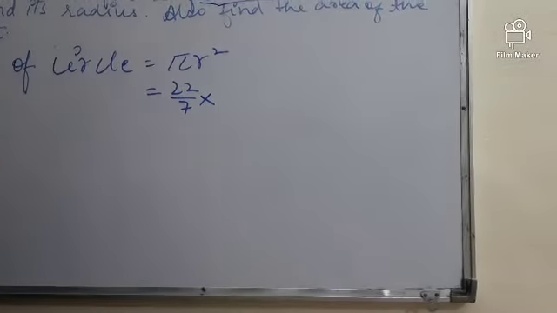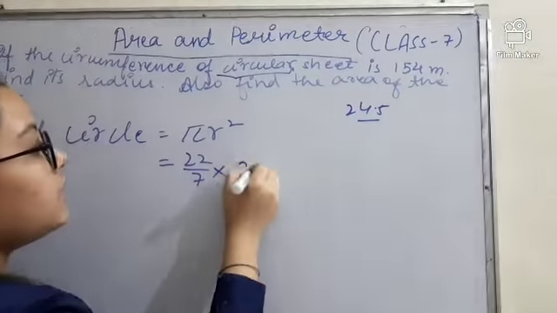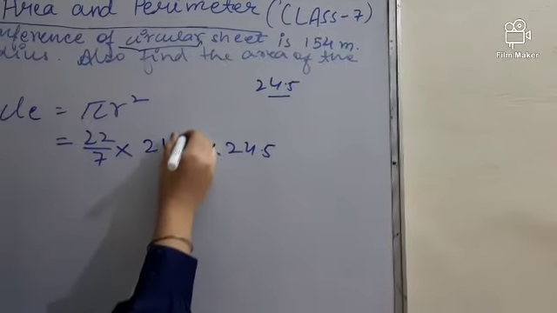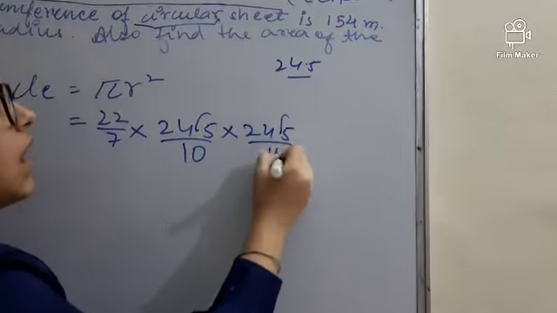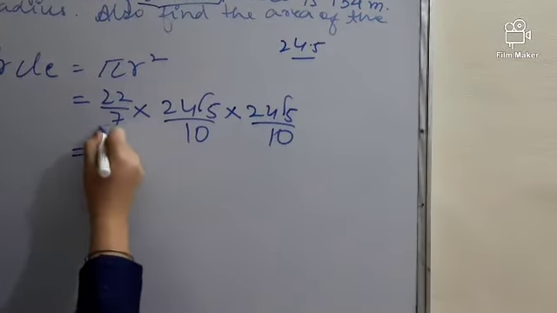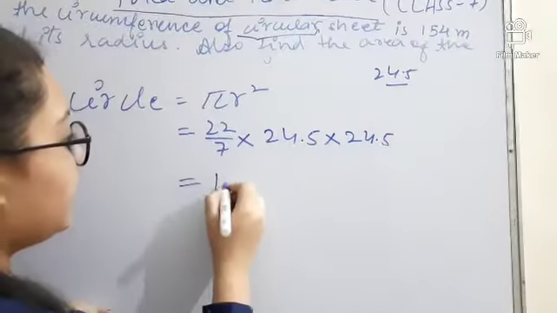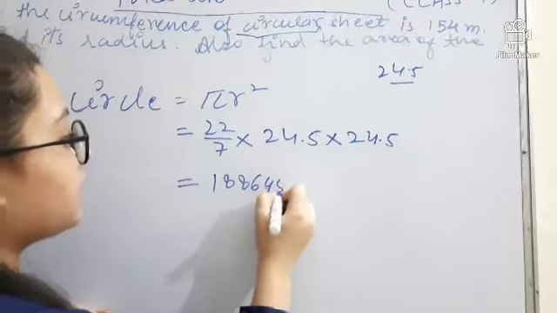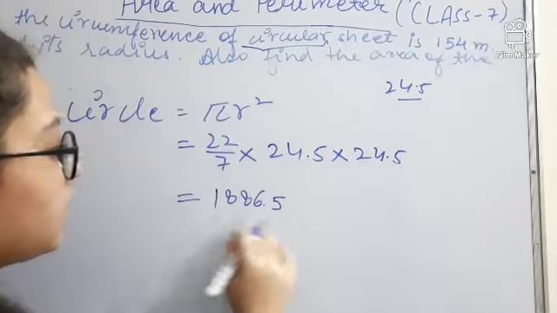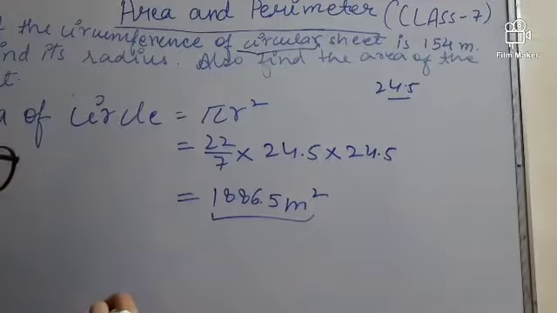We found that the radius is 24.5. So 24.5 multiplied by 24.5. This is the answer for the question.